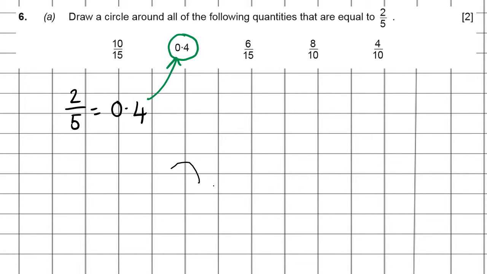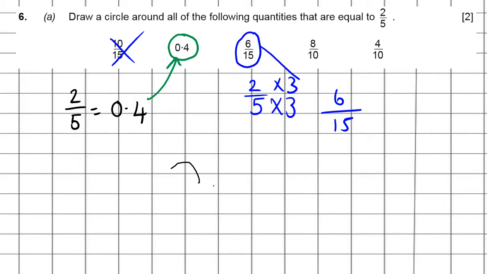So let's try 15 over 10. No, because to get 15 you times by 3, so you get 6 over 15, so no. But however, yes, 6 over 15, that's what we just got. 8 over 10, nope. And 4 over 10, yes, if we times 2 over 10 by 2, that gives us 4 over 10.